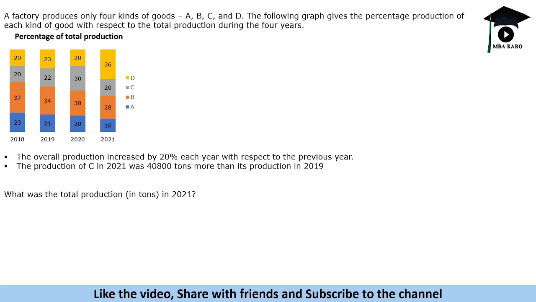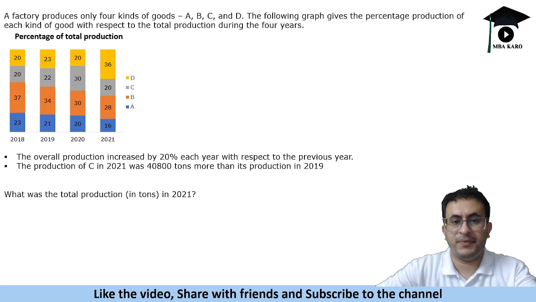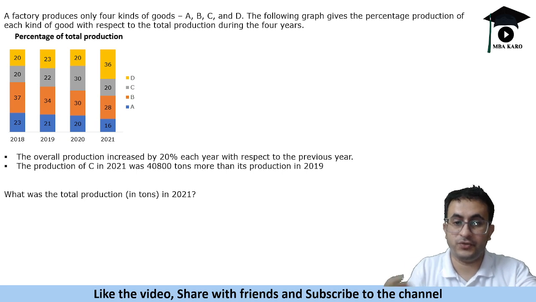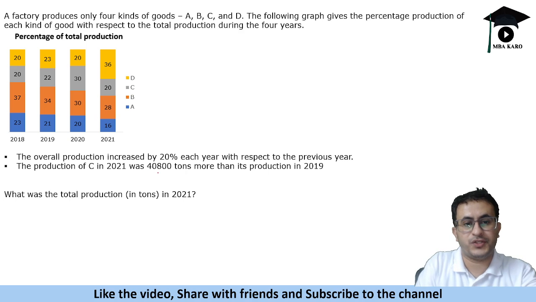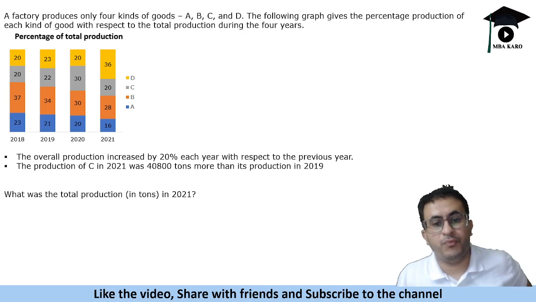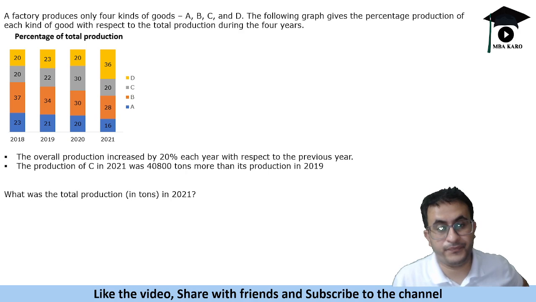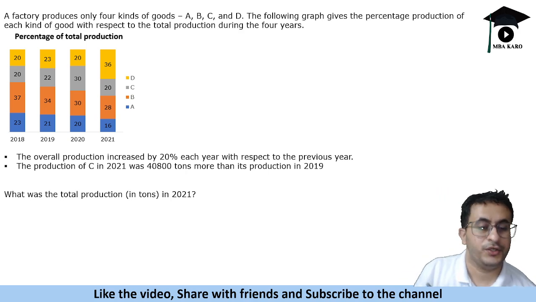We are further given that the overall production increased by 20% each year with respect to the previous year, and the production of C in 2021 was 40,800 tons more than its production in 2019.